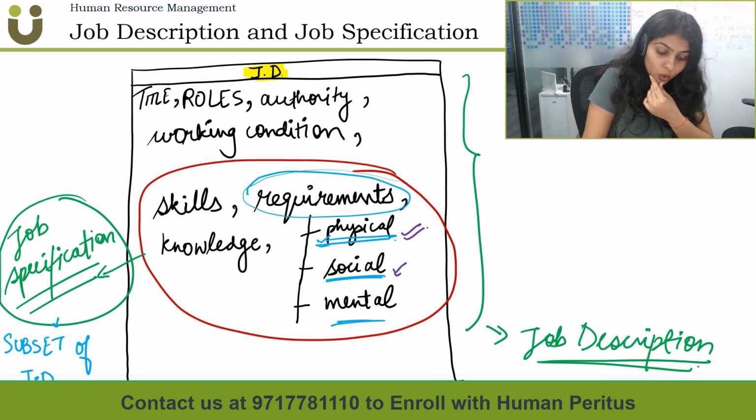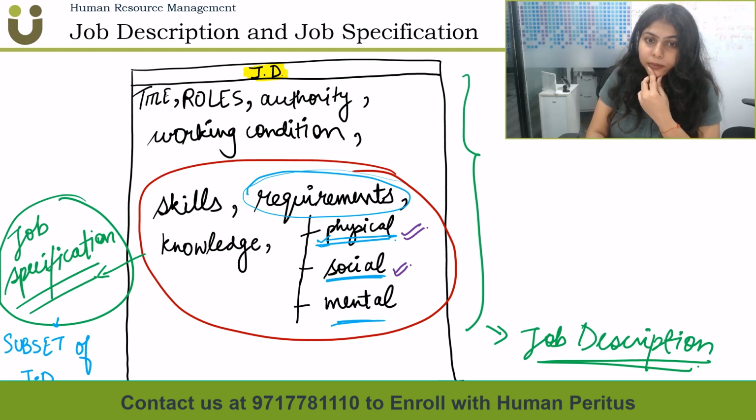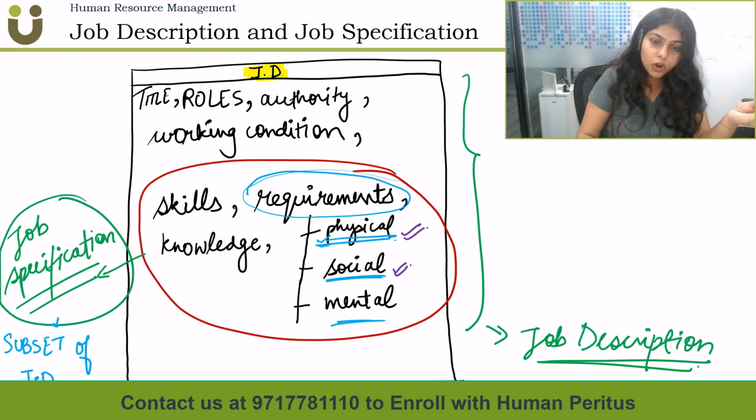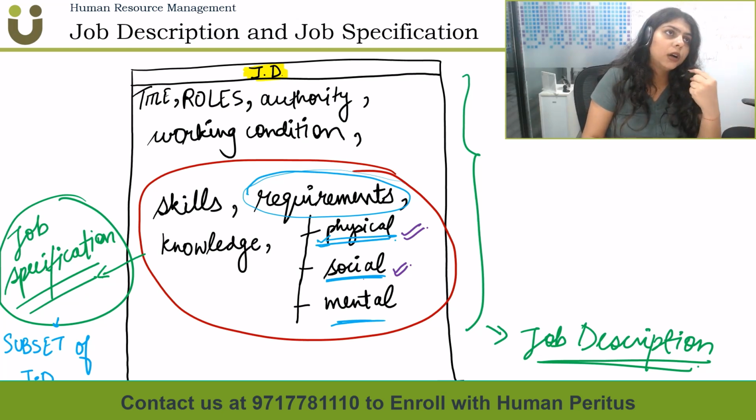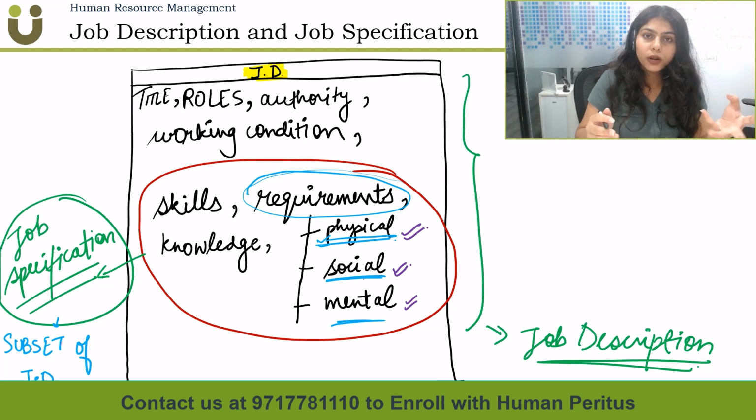You should know how to interact with my customers, because that is part of the job. So that is a social requirement. Or a mental requirement: someone who is not mentally fit cannot do this job. That is also one of the requirements.